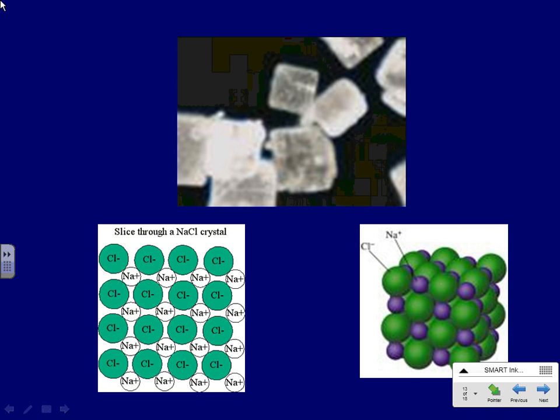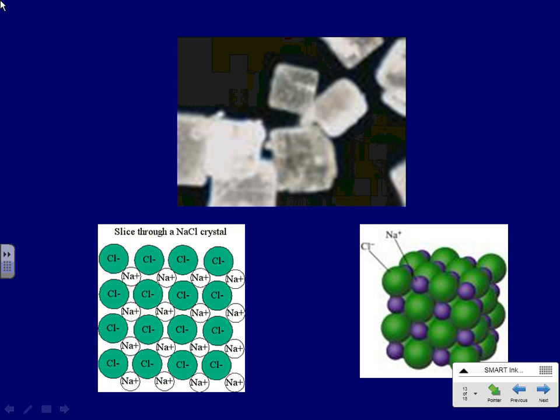Chlorine with a sodium beside it, flanked by another chlorine with another sodium and a chlorine and a sodium. And that structure continues and continues and continues. So in a salt crystal, there isn't a whole bunch of little NaCl's, but there's a bunch of individual Na pluses and Cl minuses. That's why we can't call a sodium chloride piece a molecule.